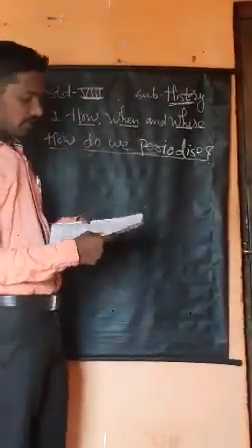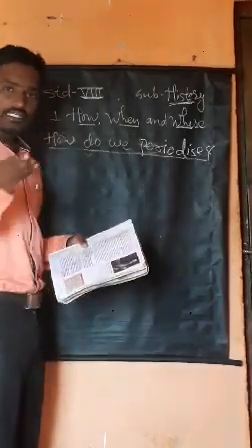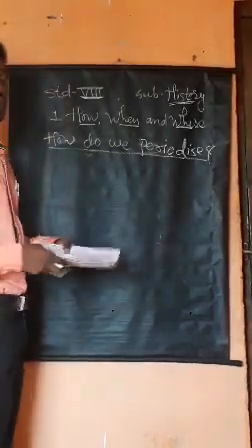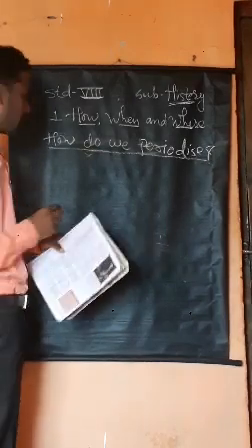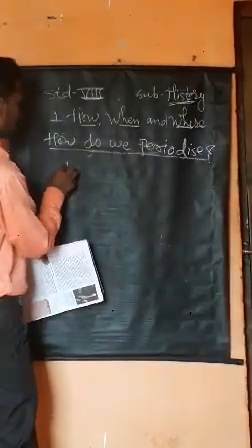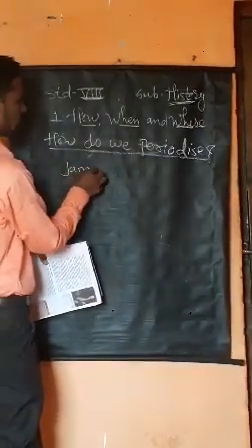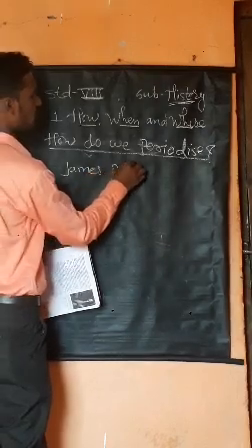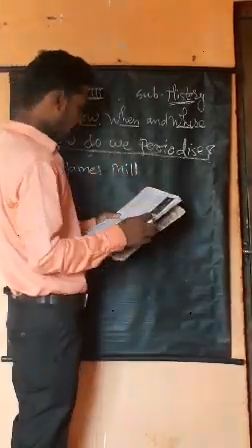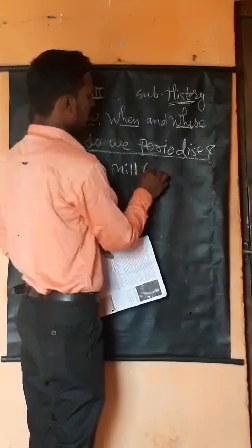In this point, we have one Scottish person, James Mill. James Mill, in 1870.